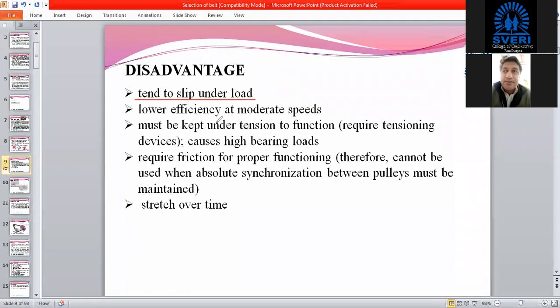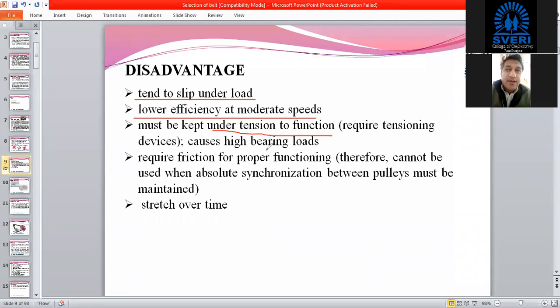That is, it is going to keep other machinery away from failure because of the slip. Then with respect to this slip, the efficiency is moderate, and is low, we can say, when the slip is going to occur. Then this belt should always be kept under tension for its good functioning.